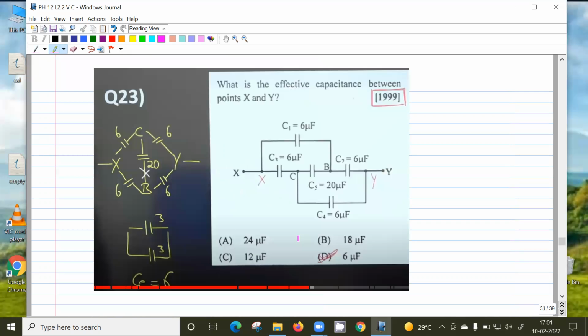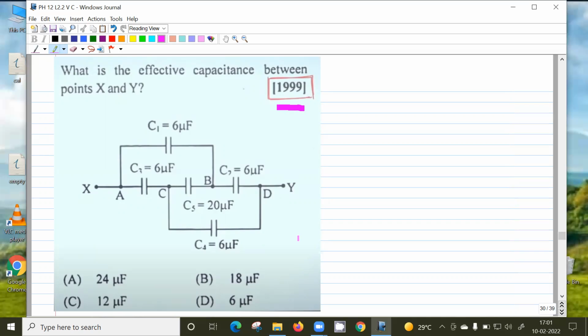None of them are in parallel connection. Is there a Wheatstone bridge here? Can you see a Wheatstone bridge in this problem?